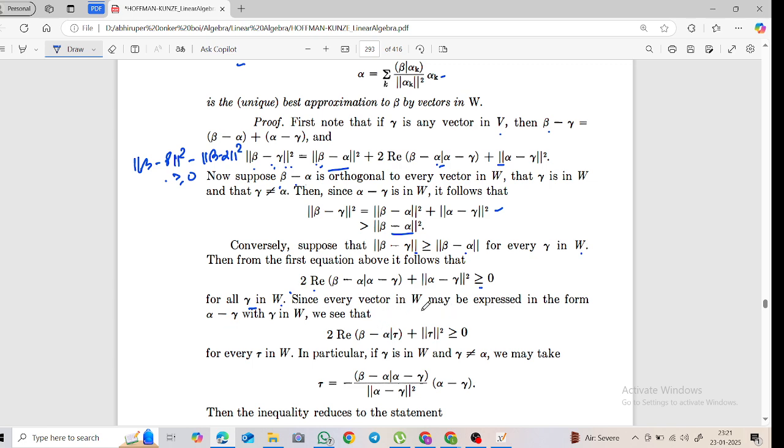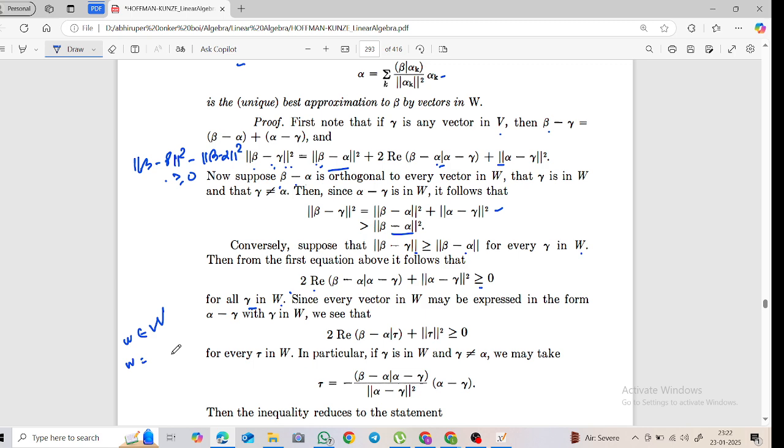Since every vector in W may be expressed in the form alpha minus gamma with gamma in W. Now see, alpha is in W, right? So every vector in W can be written in terms of this alpha minus gamma. Suppose w belongs to W. So you can just write w equals alpha minus gamma, right?